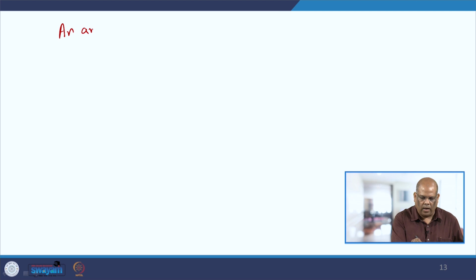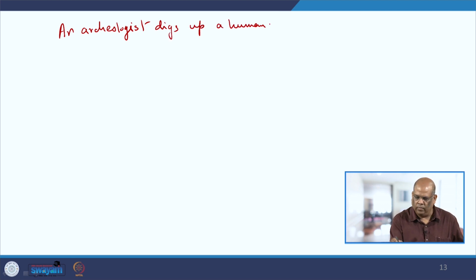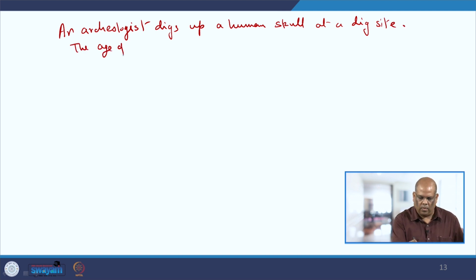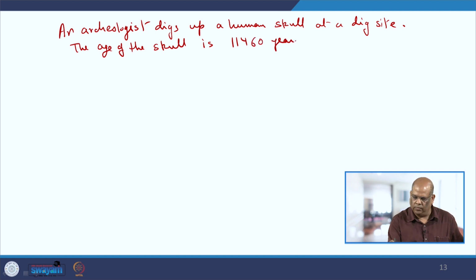We now look into another example. Say an archaeologist digs up a human skull at a dig site. The age of the skull is 11460 years.